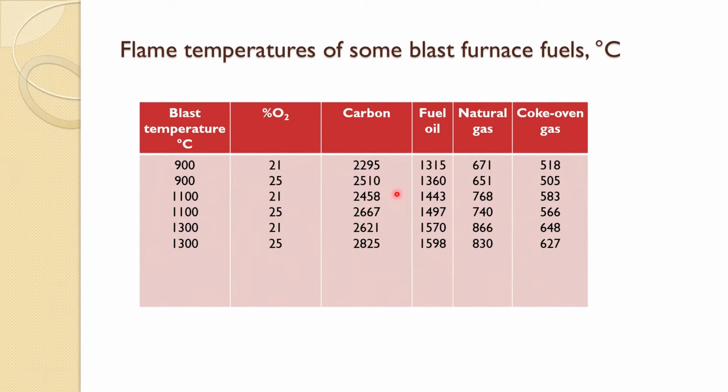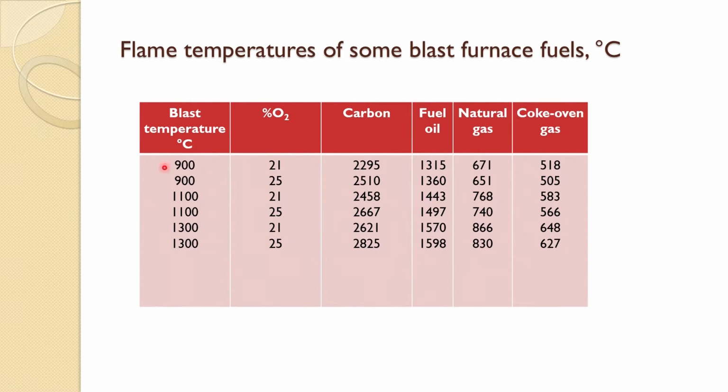The flame temperature of some of the fuels is given here. Flame temperature is very important. Usually it is between 2000 and 2200, and that is the aim to keep it, but depending on other conditions.